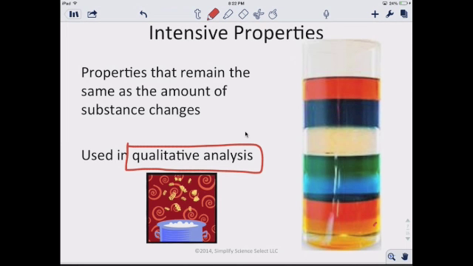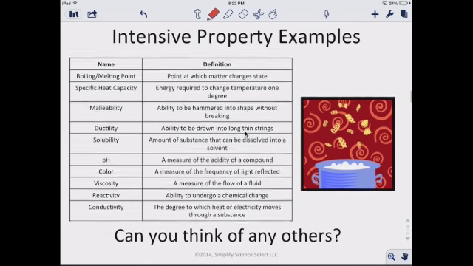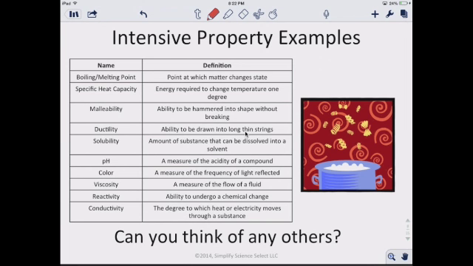Now, density is something that never changes. If we have 1 milliliter of water, or if we have 1,000,000 milliliters of water, the density of that water will still be 1. So intensive properties don't change depending on how much you have. Some basic intensive properties: boiling point, specific heat capacity, malleability, solubility, pH, color, viscosity.